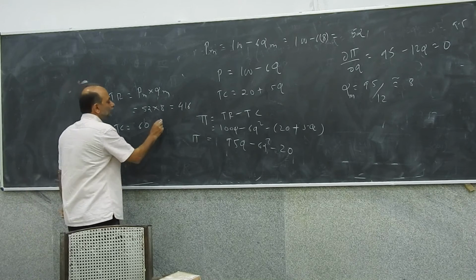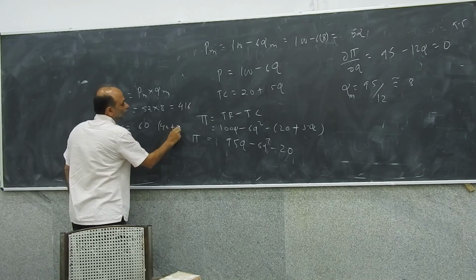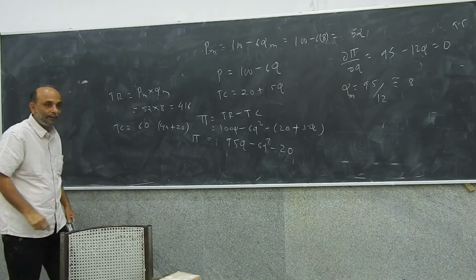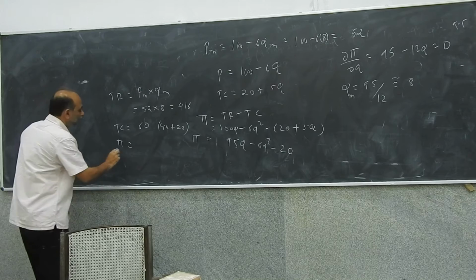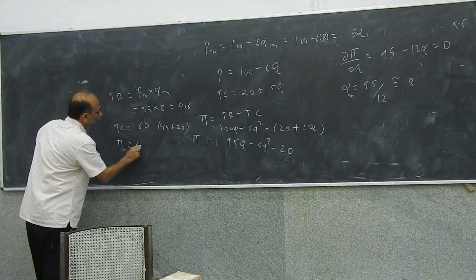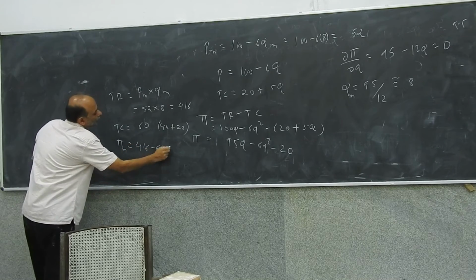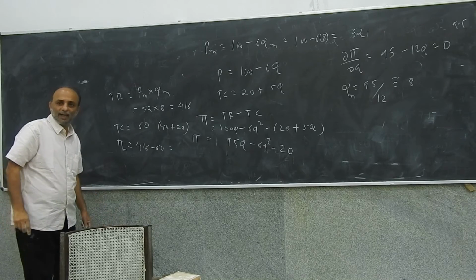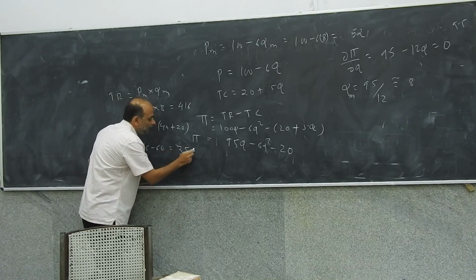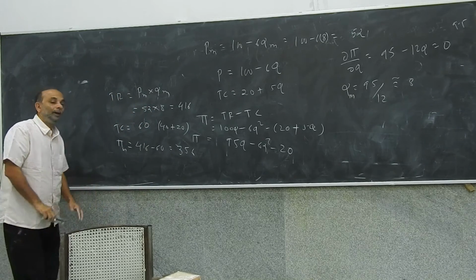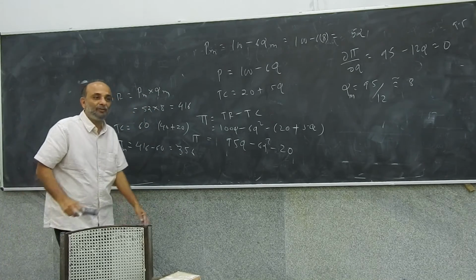So in equilibrium, the monopoly profits will be 416 minus 60. How much is that? 356. So total profits are 356.